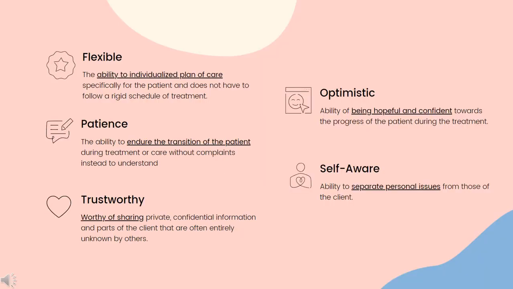So a therapist needs to be flexible. This means creating a treatment plan that is individualized for each client, and this does not mean that the therapist needs to follow a rigid scheduled treatment or having this one size fits all approach. A study shows that some treatments are better than others for specific types of disorders. So matching the treatment to the stage of readiness that the client is in is the most effective way to implement therapeutic techniques.